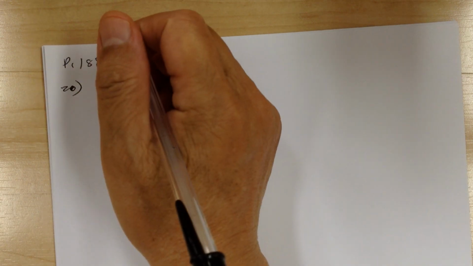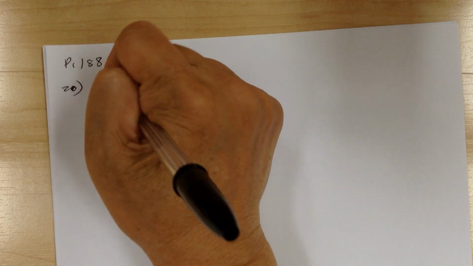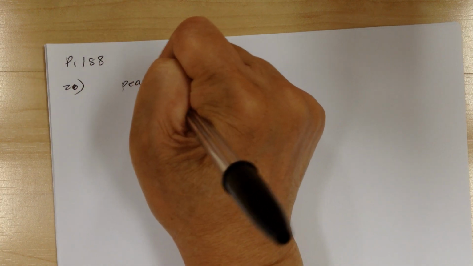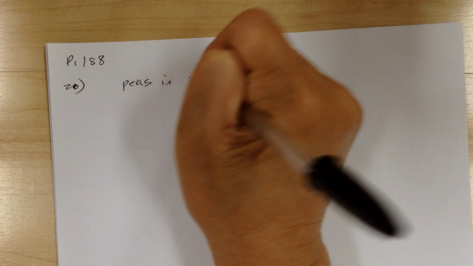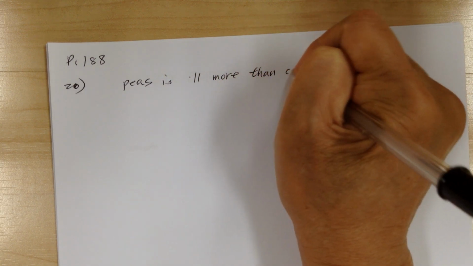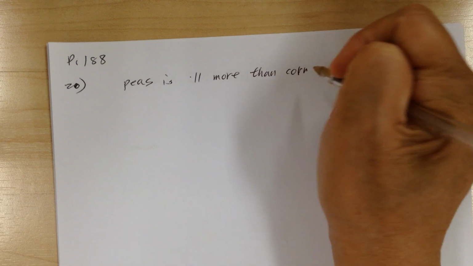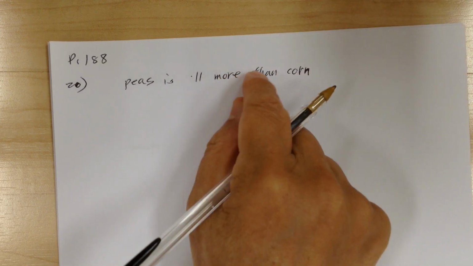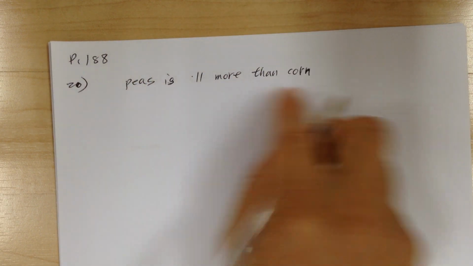So your wording would become peas is 11 more than corn. Again, you move the first piece to the front, and that becomes like that.